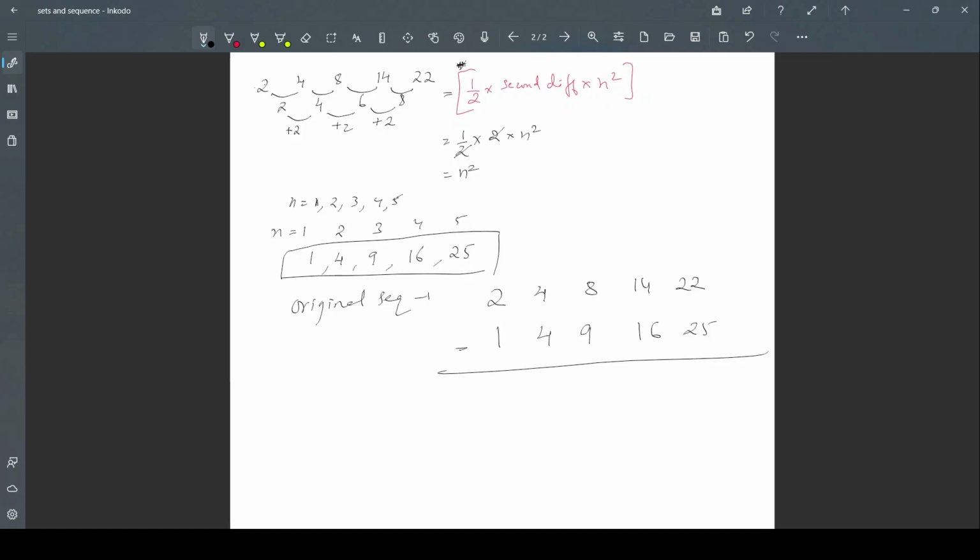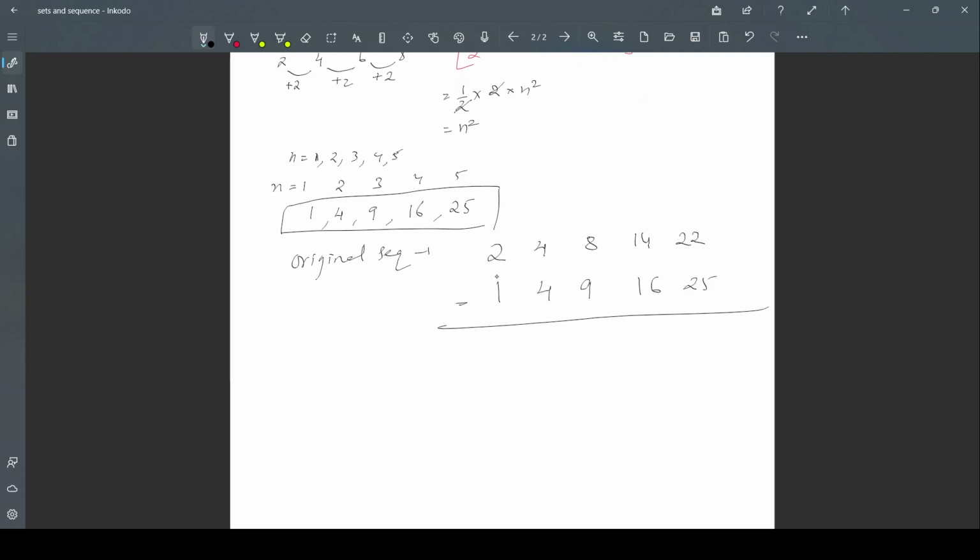So 2 minus 1 is 1. 4 minus 4 is 0. 8 minus 9 is minus 1. 14 minus 16 is minus 2. And 22 minus 25 is minus 3.